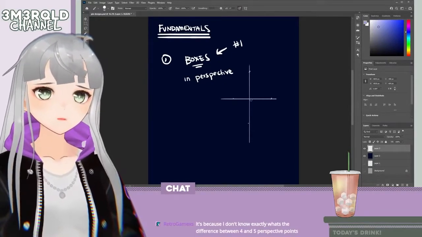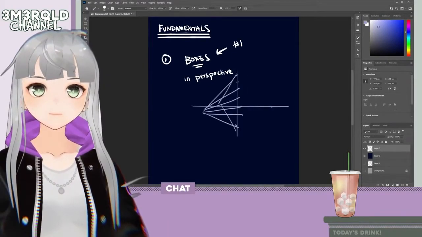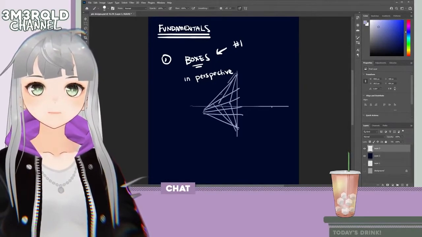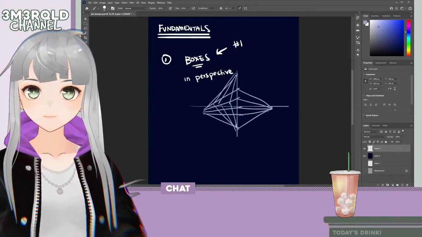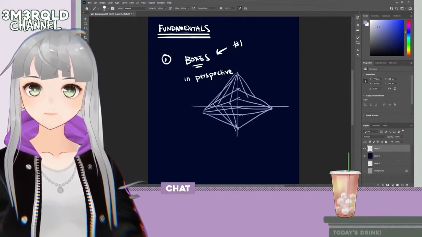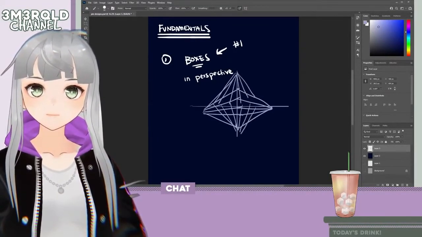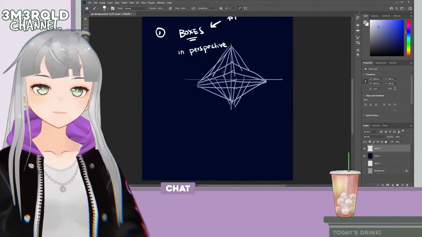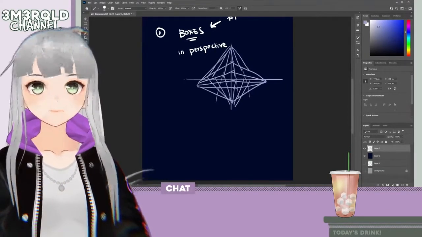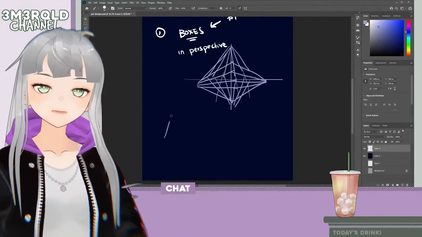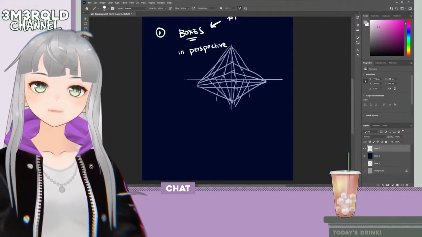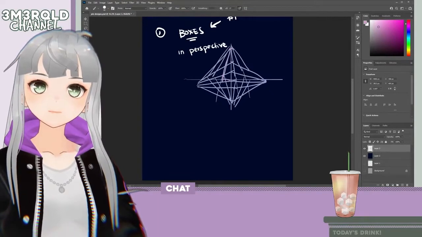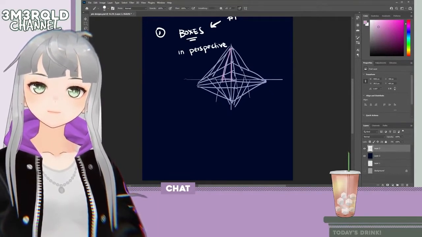You don't get the difference between 4 and 5? Okay, I got it. 4-point perspective is like this. So when you look up at something, it will get smaller. Like, let's say this is a skyscraper.